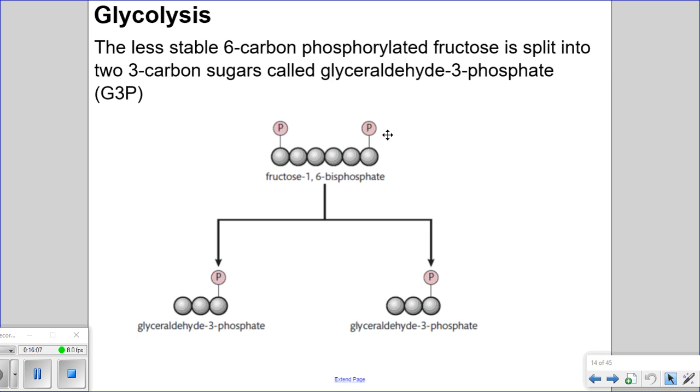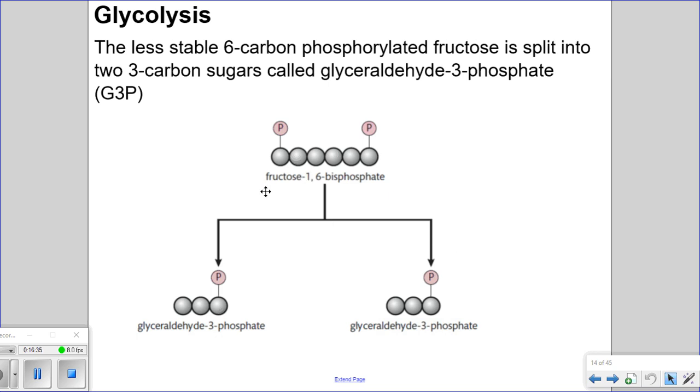The less stable 6-carbon phosphorylated fructose is then split into 2 3-carbon sugars called glyceraldehyde 3-phosphate. So through an enzymatic reaction, this 6-carbon compound gets cleaved to form 2 molecules of glyceraldehyde 3-phosphate. And this is actually a simplified version of this, so it's not quite that direct.